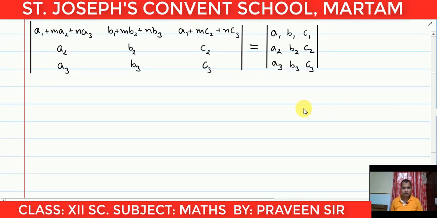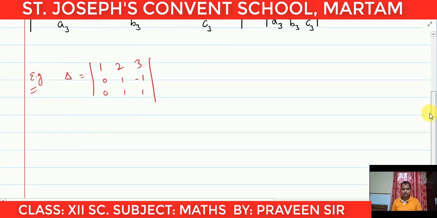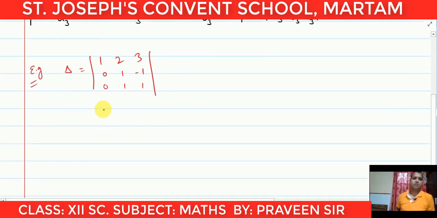Here it's trying to say that if you have a determinant, let's say this: 1 2 3, 0 1 minus 1, 0 1 1, this is one determinant. Now the value for this is 2.